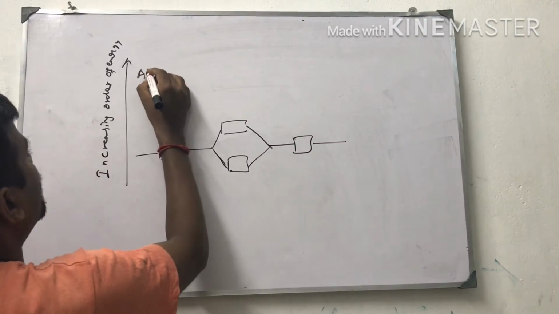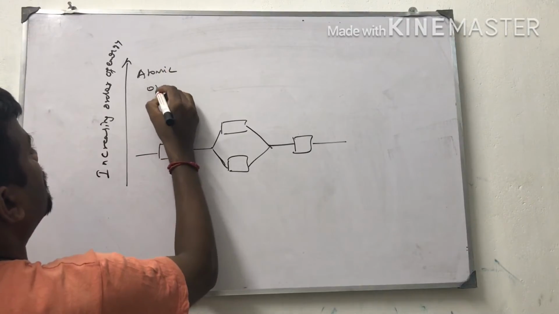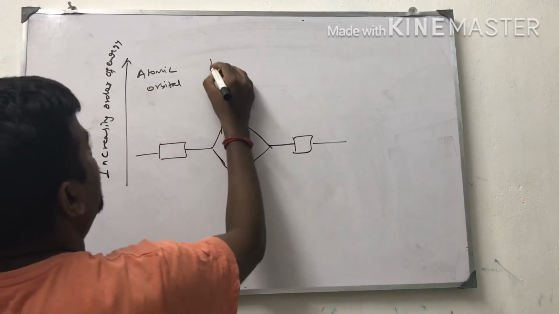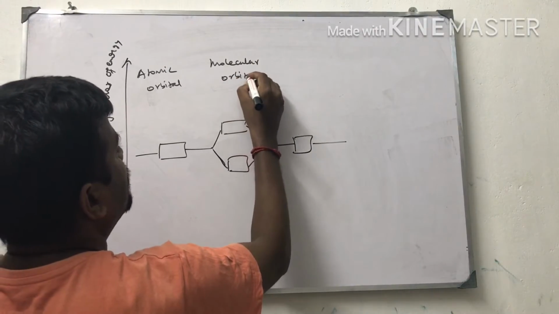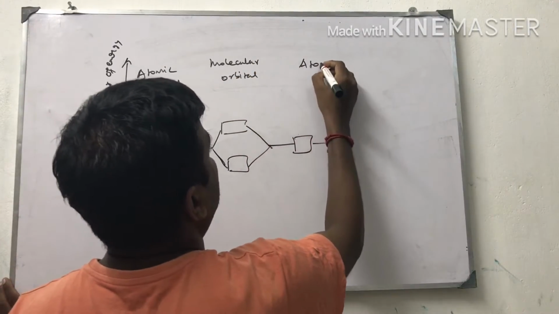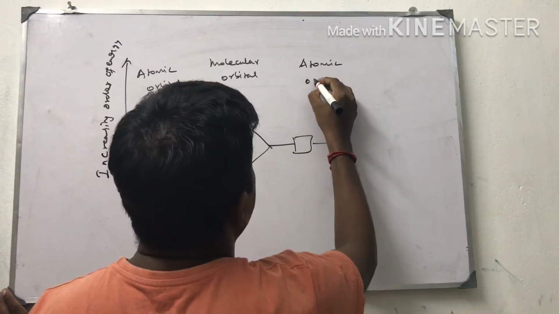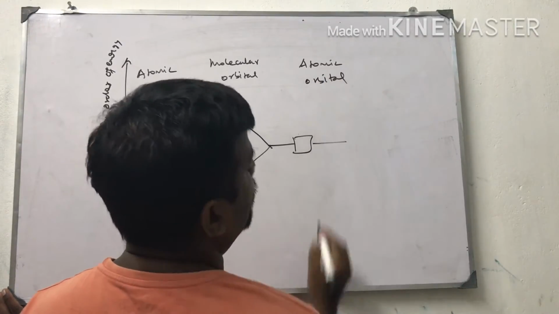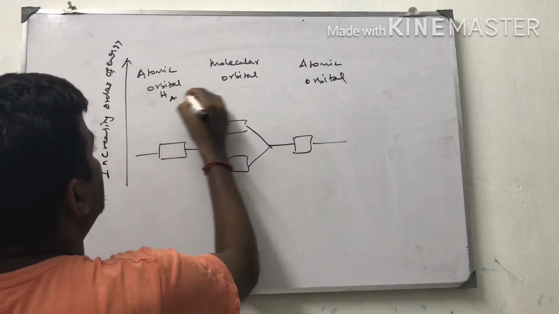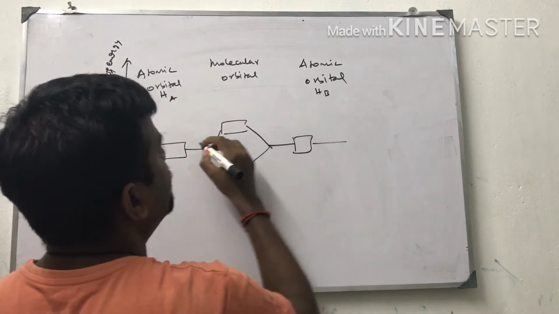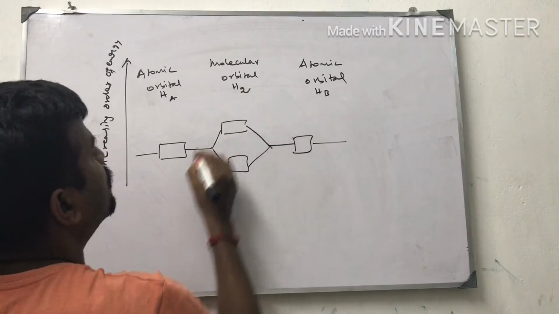This is the atomic orbital, this is the molecular orbital, and again this is an atomic orbital. We have already discussed all these things, the energy level diagram drawn for all of these. For hydrogen Ha, one more hydrogen Hb leads to the molecule H2.